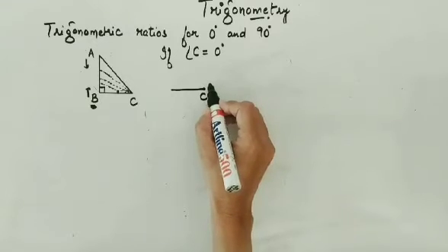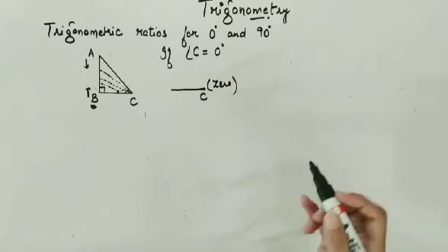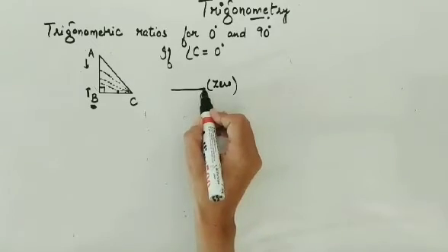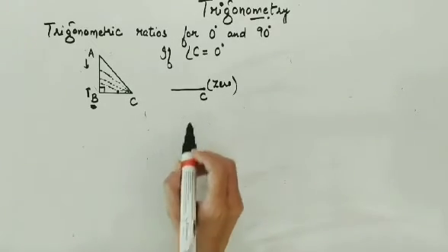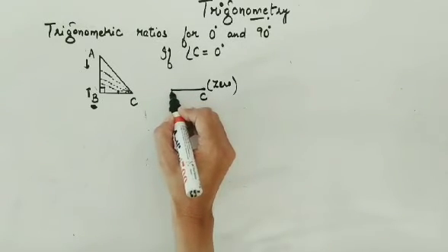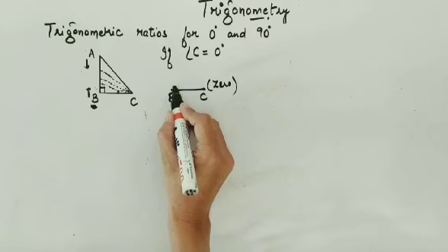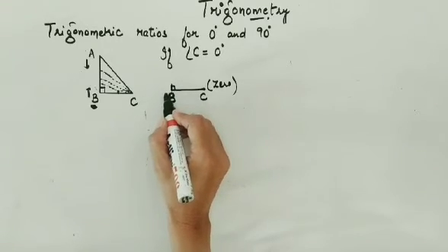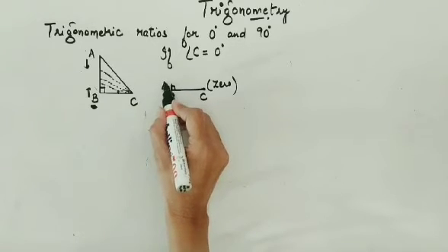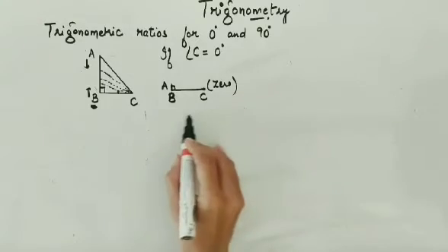See, look, the final figure would be: C has become 0 degrees. Although a 0 degree angle we know is not possible, we are just assuming that angle C has become 0. Where would this point A go? A would be very close to point B. So B, which was forming a 90 degree angle over here, and A would just overlap with this. Now look at the change.